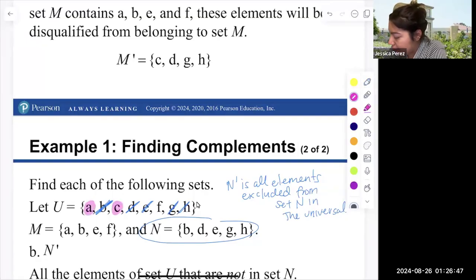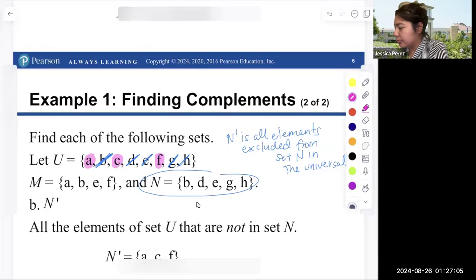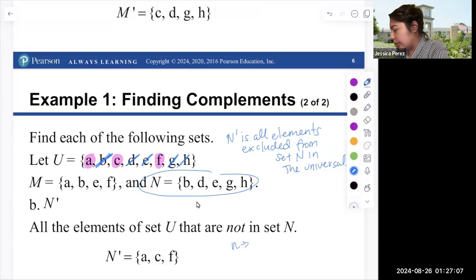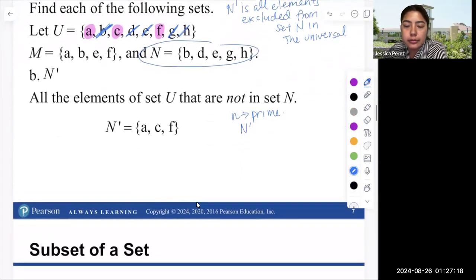A, C, and F. That's exactly my N prime, or my complement. It looks like this notation. So what we're doing now is finding the complement.